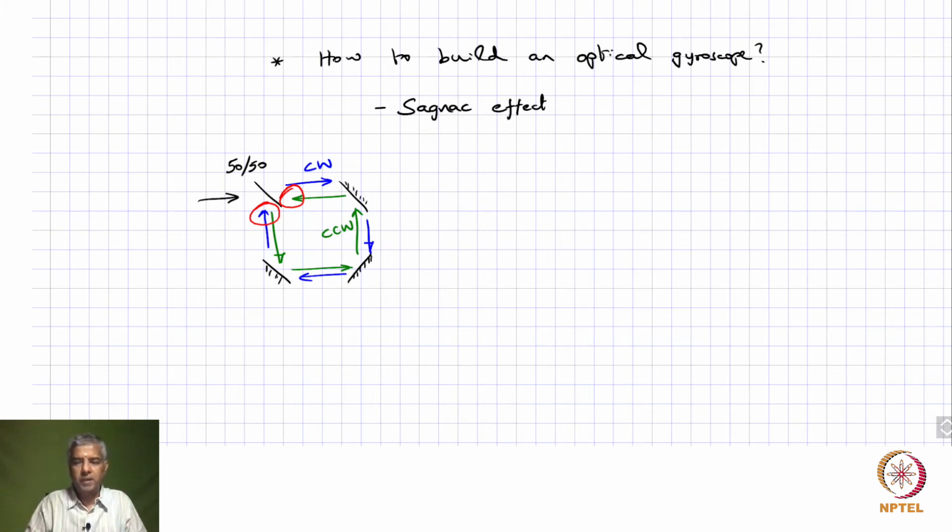Now I mentioned that what we will go on to build is a fiber optic gyroscope, and so let's actually look at this in a little more detail from the perspective of how we will realize this in a fiber optic gyroscope.